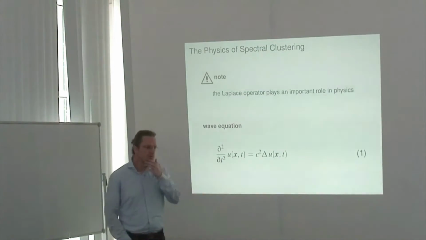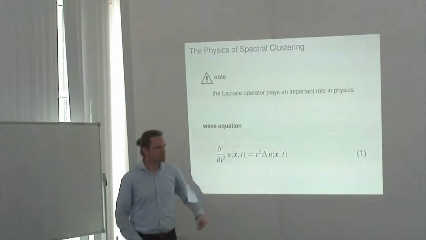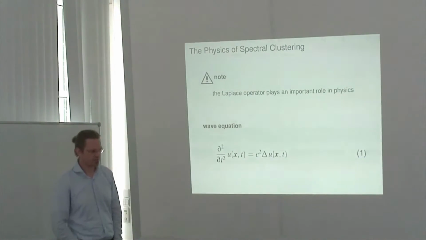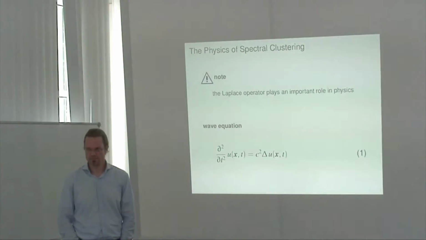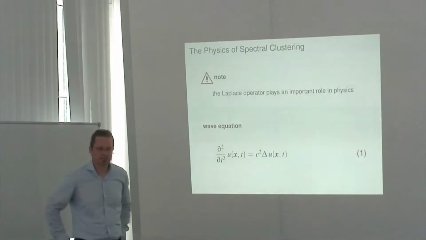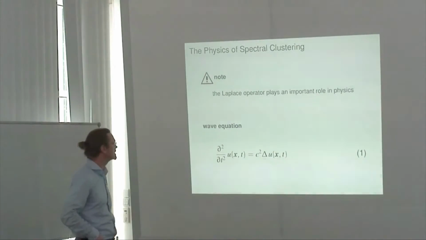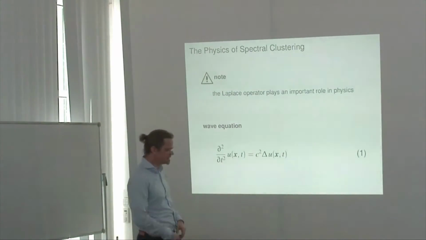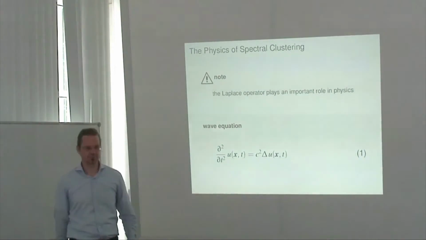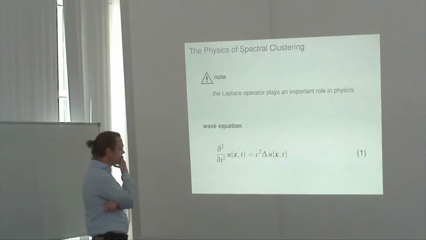Let u be a function with two arguments, x and t, and that is to say, let u be a function of space and time. In the world we live in, we can understand x as indicating a point in space, some three-dimensional point, and t would indicate a point in time.